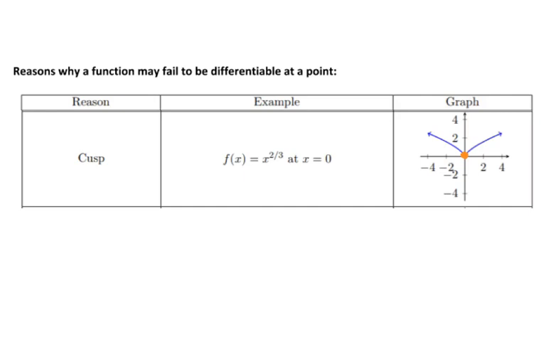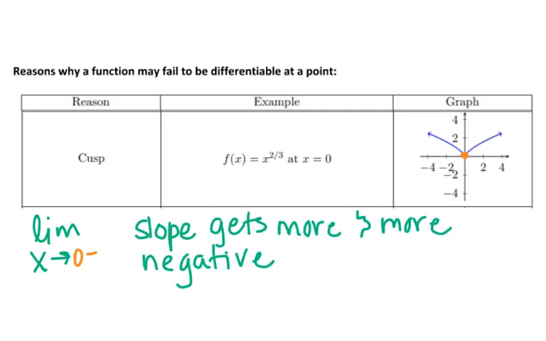And that's because the limit as we approach 0 from the left is getting more and more negative. And again, if we zoomed in, it would just continue so. Okay, and then, of course, if we looked at the limit as x approaches 0 from the right, it would be the opposite issue.